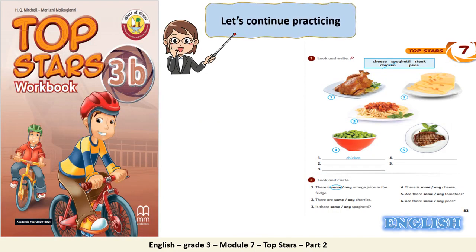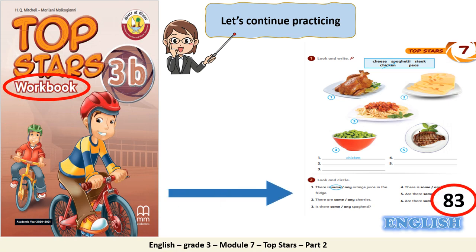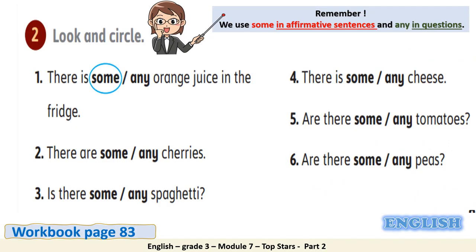Let's continue practicing. Open your workbook, page 83, Activity 2. In this activity, you are going to look and circle. Remember, we use some in affirmative sentences and any in questions.